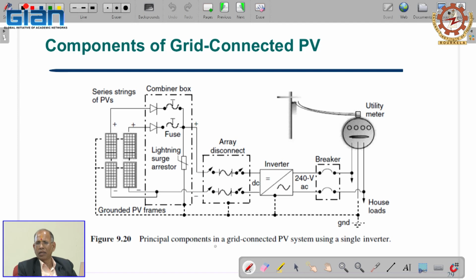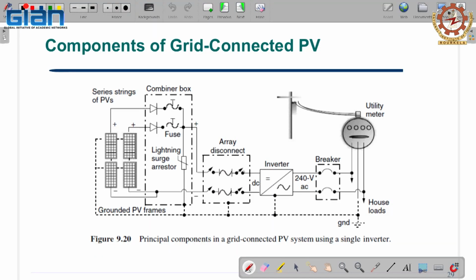These diodes we call the blocking diodes for each array. Okay, and then you have got the fuses if there is overcurrent, so it can protect. Like here in our system, we have got the MCB. So fuses, then you can have a little bit more protective device, like say a lightning surge arrestor. So this way you have a standard combiner box.